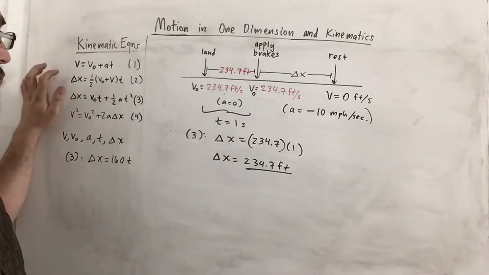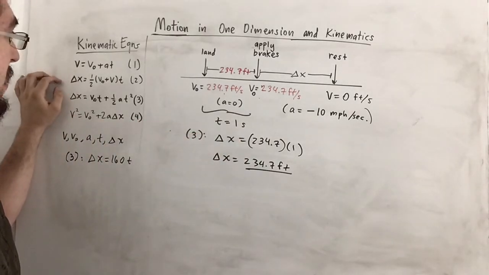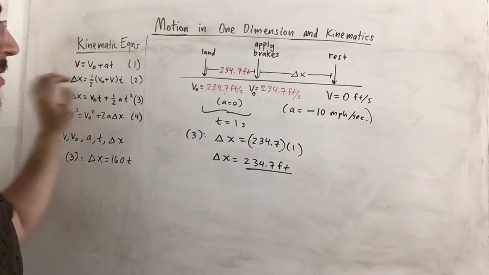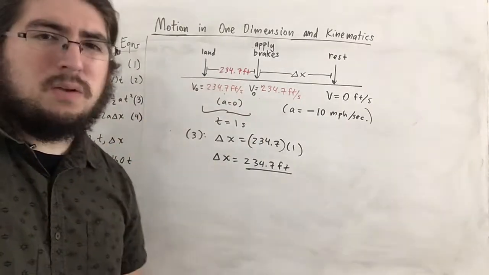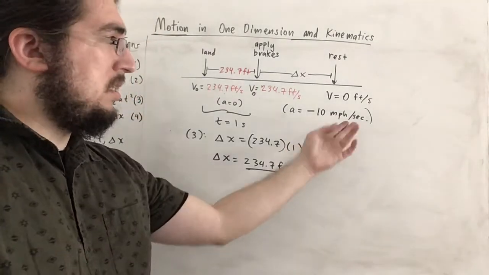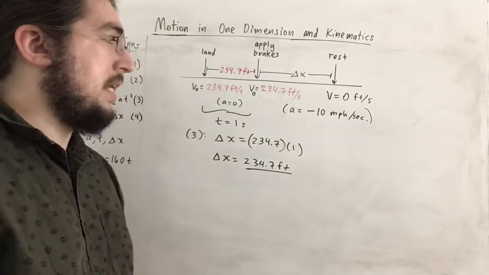In fact, we could use time in seconds to find delta x now in this unit, but that sounds like a little much. So just so I'm not confusing us too much, I'm going to convert this into our unit now, feet per second squared.